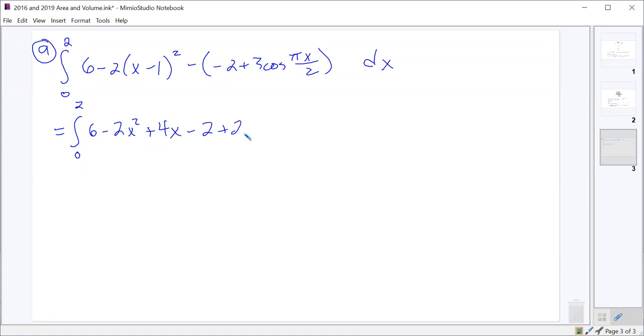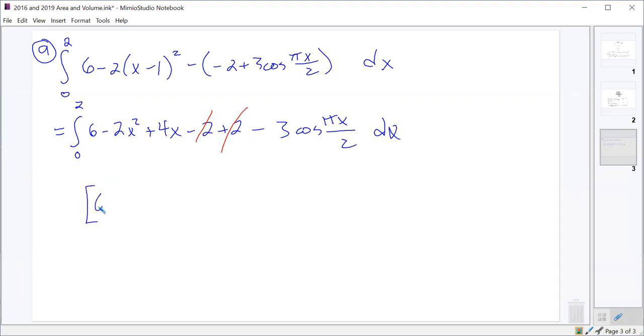Distributing this negative gives us a plus 2, which those will cancel, right? And then a minus 3 cosine pi x over 2 dx. And I hope at this point you can do this u substitution for this integral by yourself.